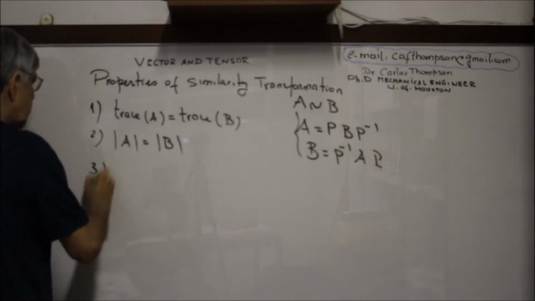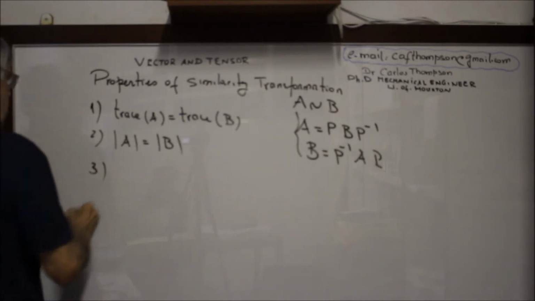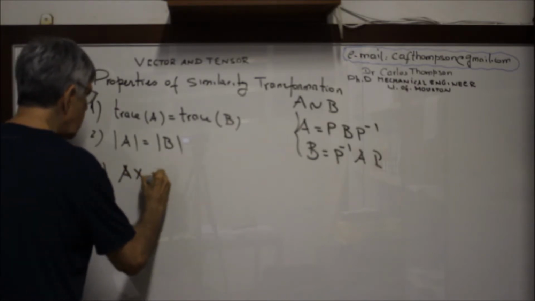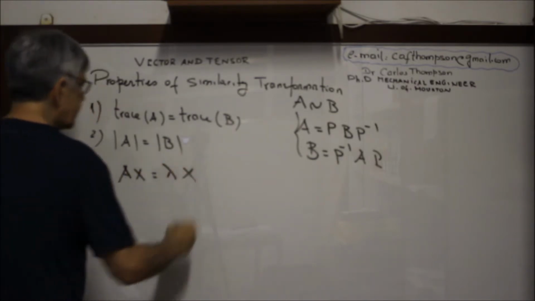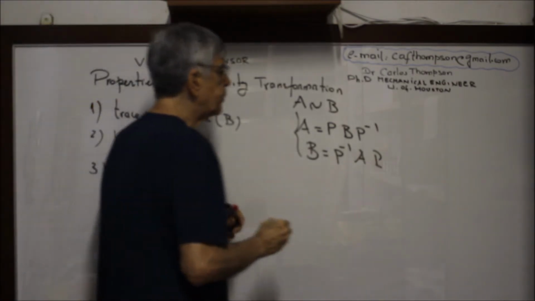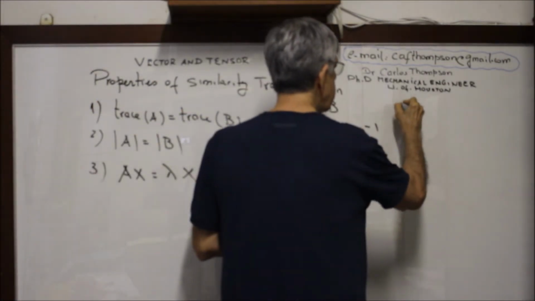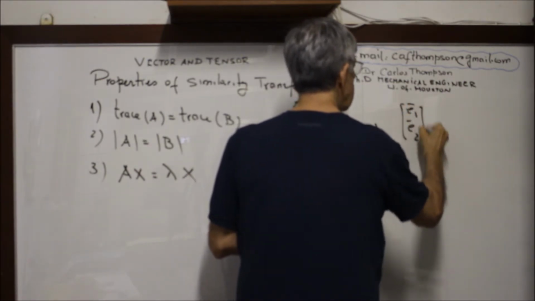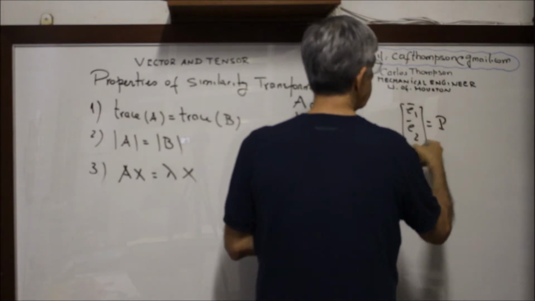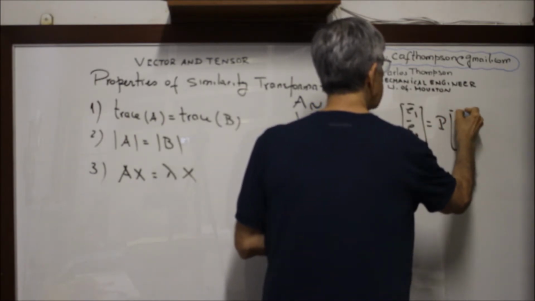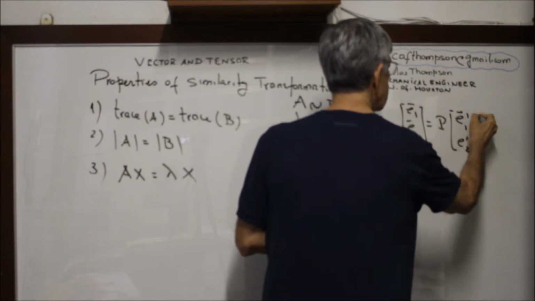Now let's see the third one. Look, let's put A x is equal to lambda x. Now, do you remember when we put here e1, e2 is equal to P, e1 prime, e2 prime?